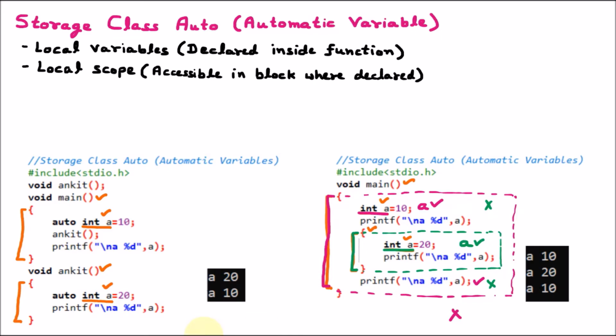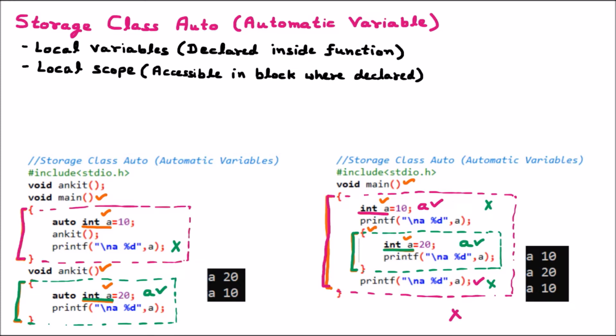We are assuming that here we have the function Ankit. Now I am providing the boundary of this function. In this function, if we declare the variable a, so a is accessible only inside that. This a is not accessible outside. Similarly, if we talk about the main function, this main has its own boundary. And inside this boundary, we are declaring one variable a.